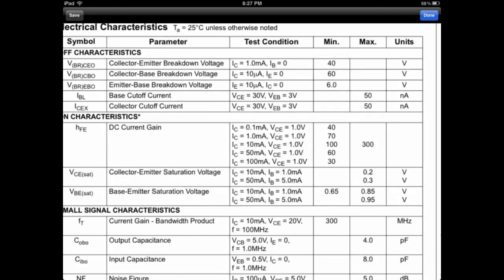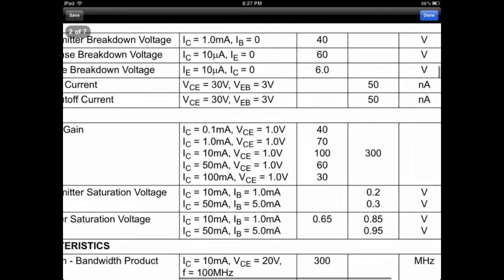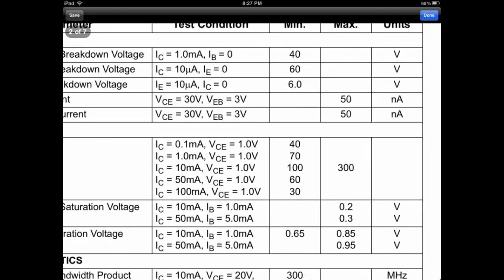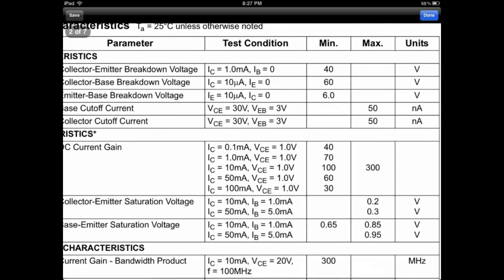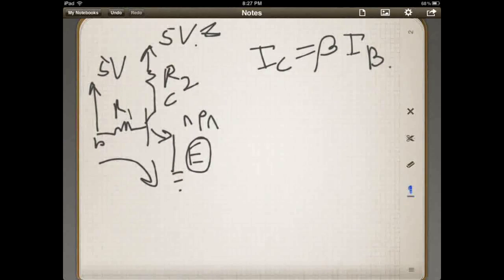So if you want a collector current of, let's say, 100 milliamps, then we would say 100 milliamps is equal to 100 times our IB.